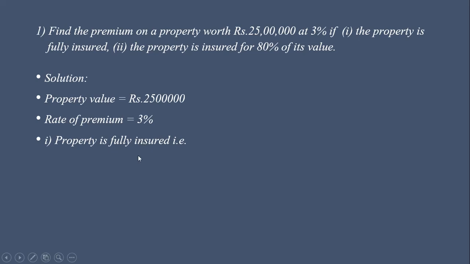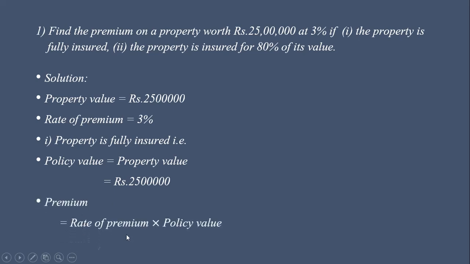Now first case, the property is fully insured, that is, insurance is taken for the whole property value, rupees 25 lakh. Therefore in this case policy value is equal to property value, which is rupees 25 lakh. Now we want to find the premium. We use the formula, premium is equal to rate of premium into policy value.